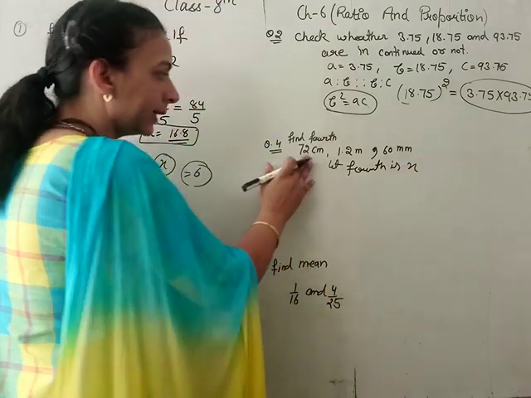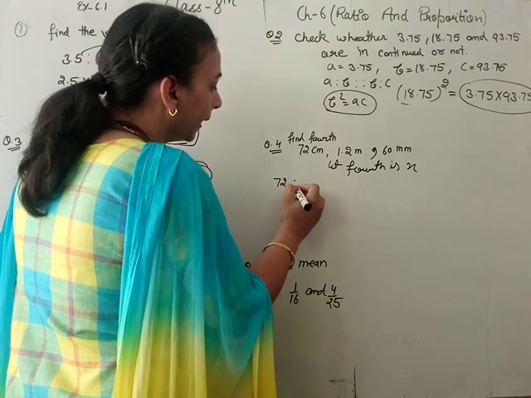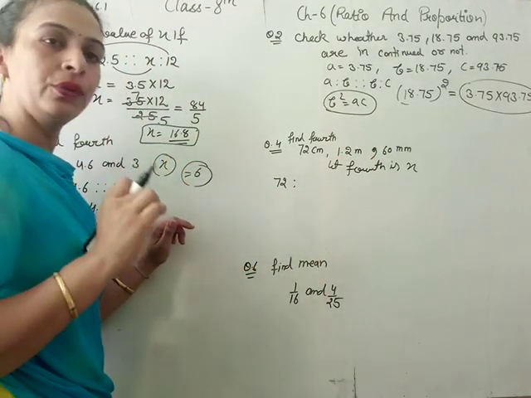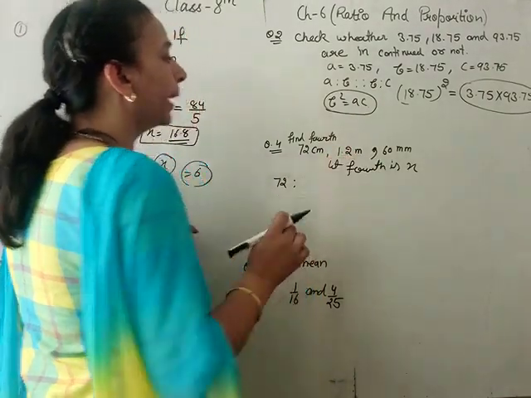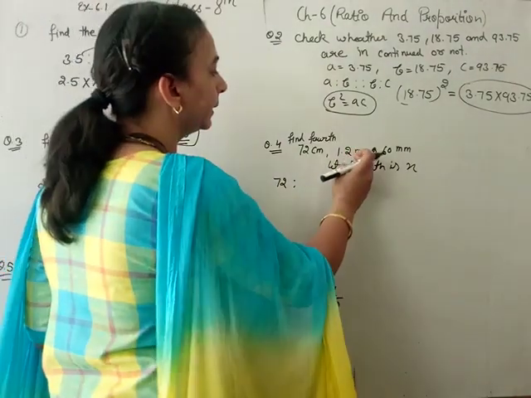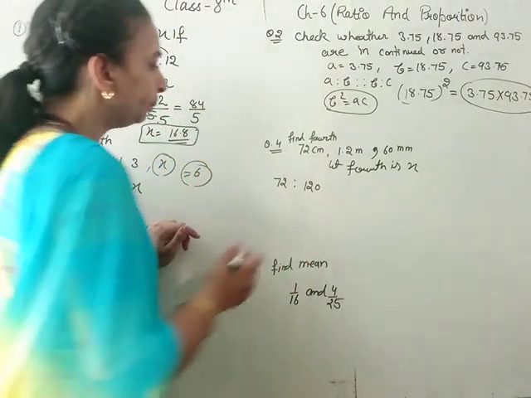Okay, then first is 72 centimeter ratio, then second is 1.2 meter. We convert meter into centimeter, then this is 120 centimeter. Okay, 1 meter equals 100 centimeter. If you multiply by 100, then this equals 120 centimeter. Okay, student.